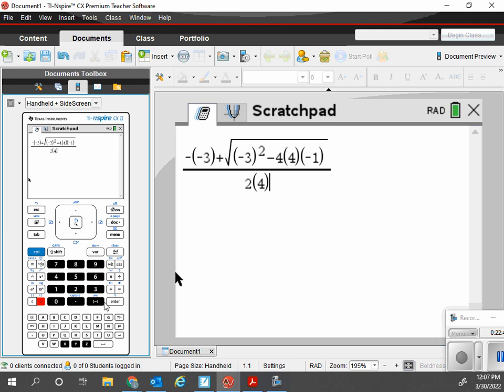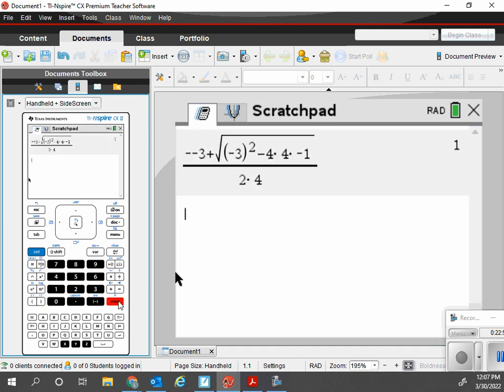Press enter when you have it, like mine. What's the answer? 1. Therefore, you know what that means? When you get a regular answer, so the number 1, the answer of 3/4, something that is just a normal looking answer, that could have been factored.